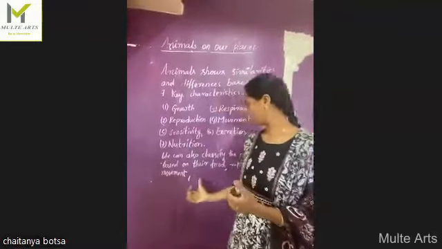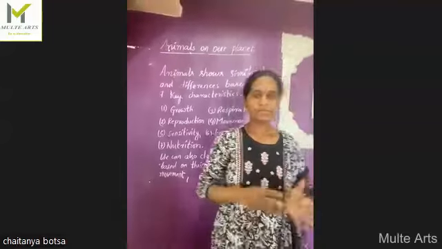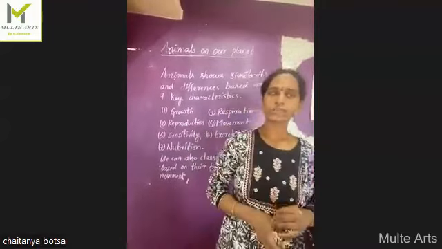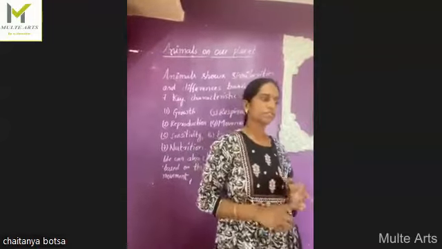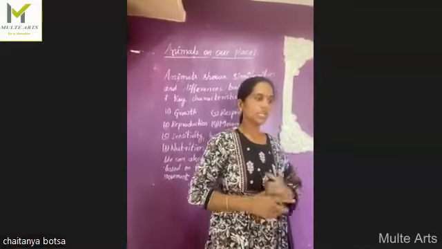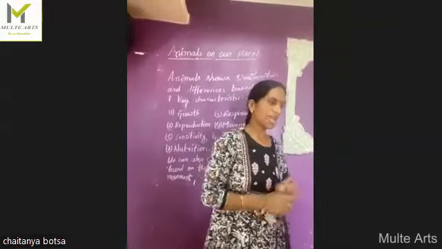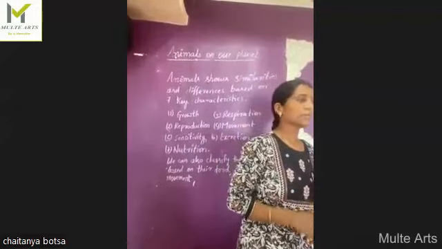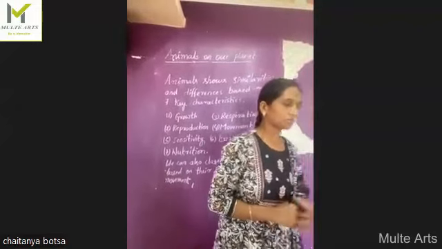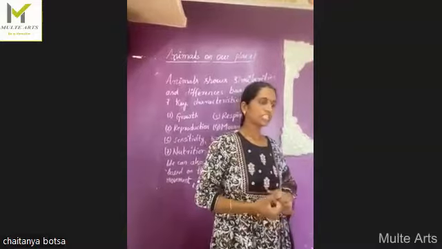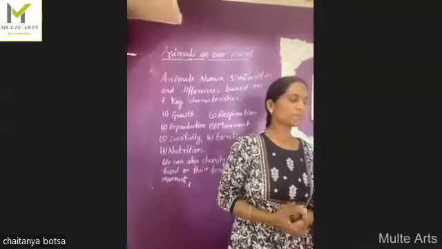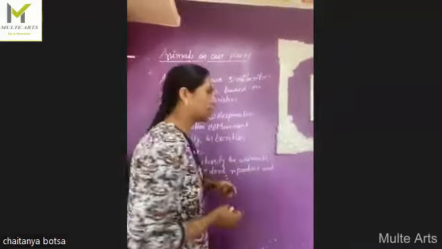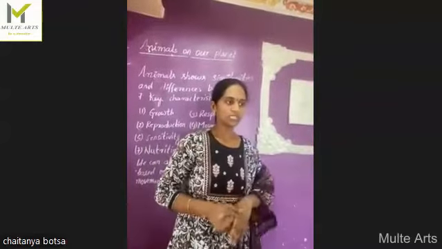For example, first, we go through the animals based on their food. There are 3 types of animals: herbivores, carnivores, and omnivores. What are herbivores? Herbivores are animals which eat only plants and plant products. Cow, buffalo, sheep, goat, these animals belong to the herbivores. And next one is the carnivore. What are carnivores?